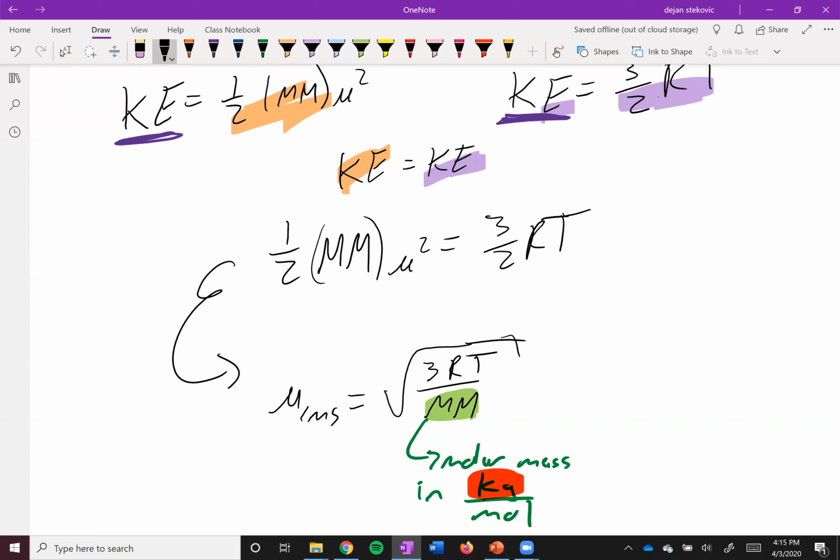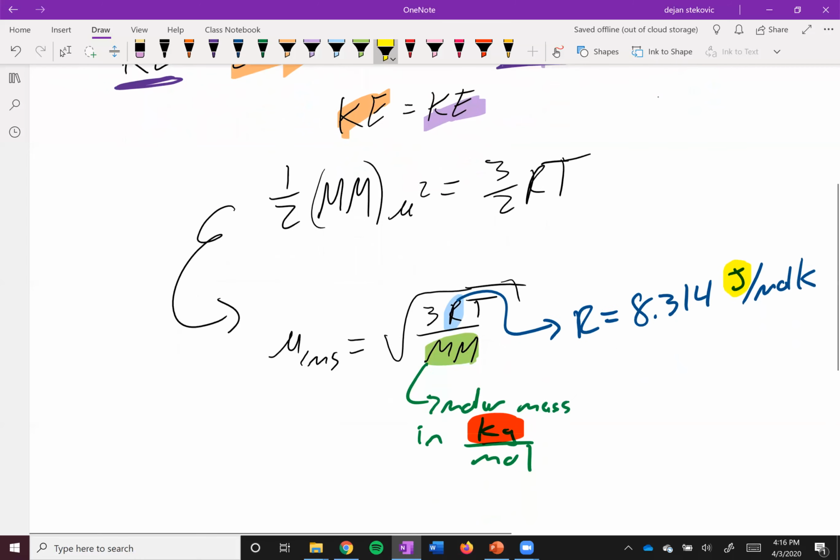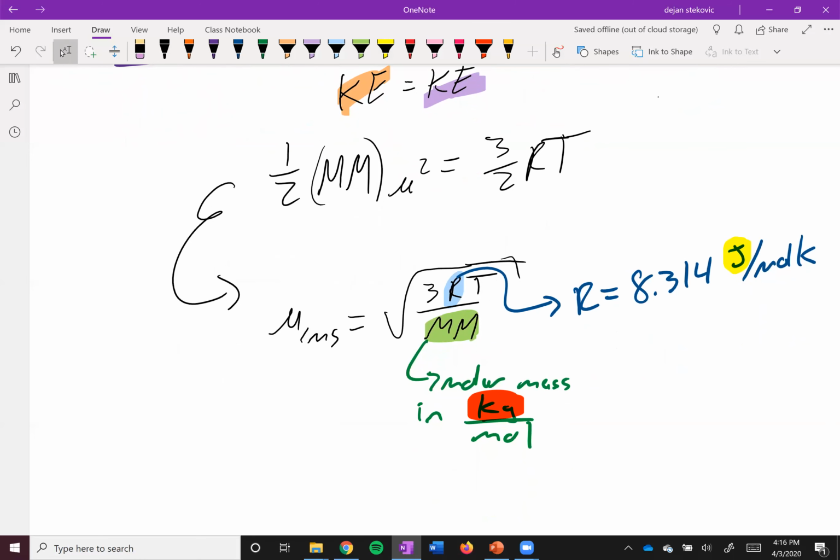You have to go from grams to moles to kilograms per mole. And this R is still the same gas constant, but now it has a different value because it has different units. Here we're talking about 8.314 joules per mole Kelvin. You can see we're talking about energy because we're talking about kinetic energy.